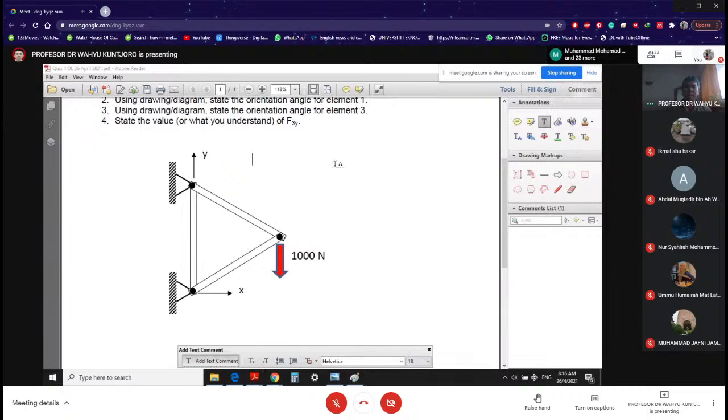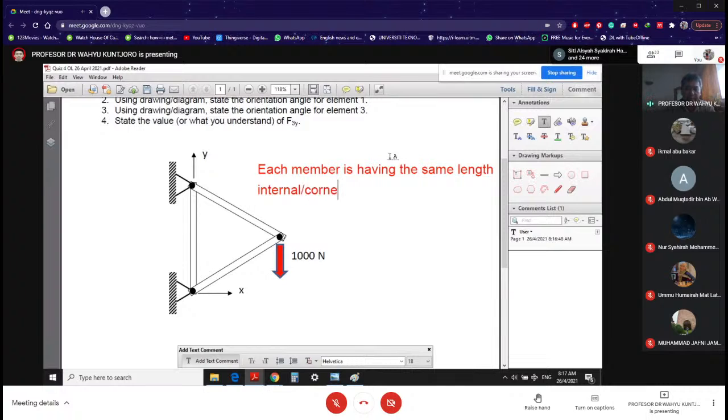This is what they call an equilateral triangle, meaning each member has the same length. That means the internal, or corner, angle is 60 degrees.